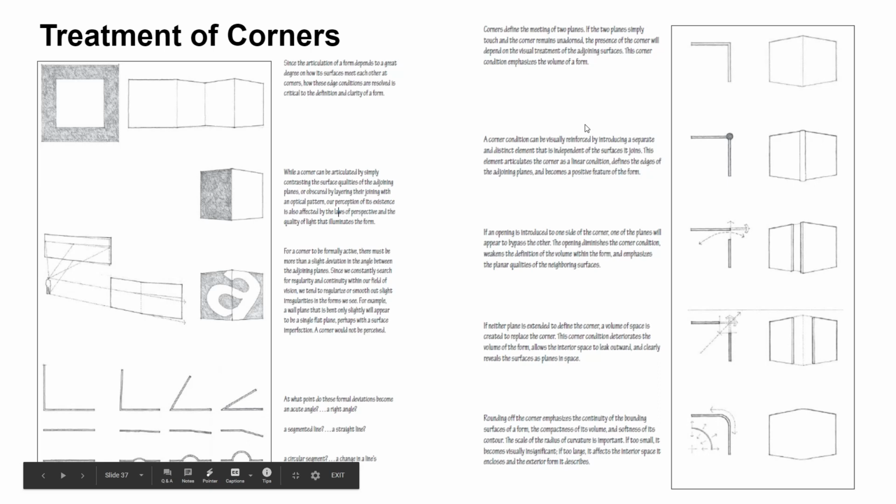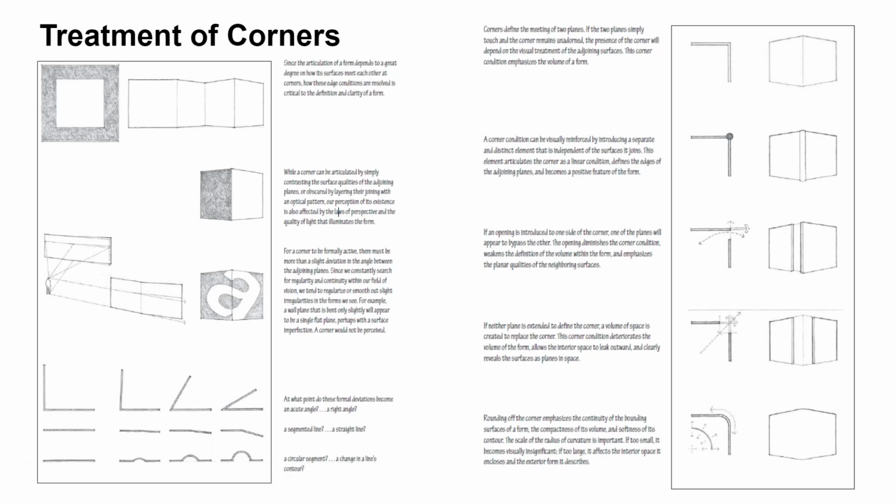If the two planes simply touch and the corner remains unadorned, the presence of the corner depends on visual treatment of the adjoining planes. So with this one, you have these two surfaces of the same material meeting at the corner. So you have this termination where this point will meet. So a corner condition can be visually reinforced by introducing a separate or distinct element. This element articulates the corner as a linear condition, so it defines the edge.